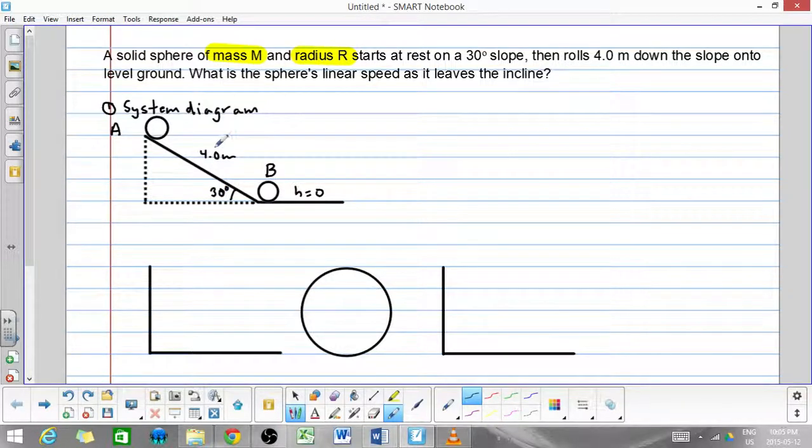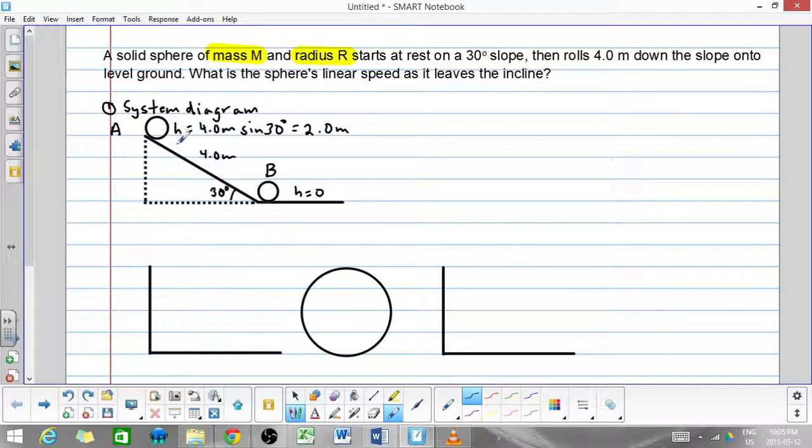Where 4 meters is the hypotenuse. Okay, it's opposite, so sine of 30 degrees, which means it's 2 meters.